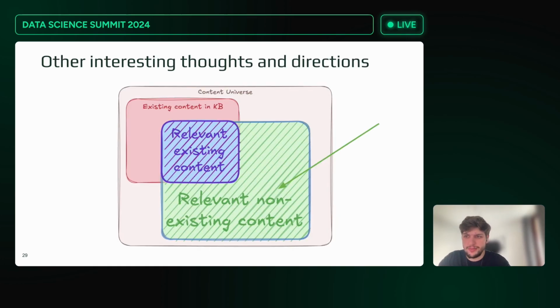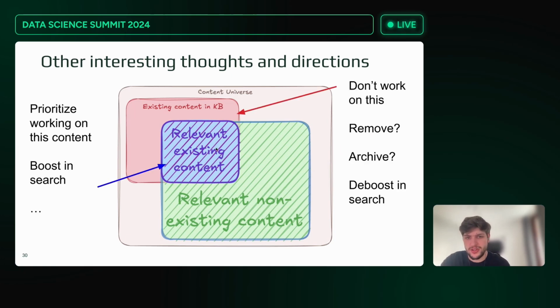So I want to leave you at the end with some additional interesting thoughts and directions that I didn't cover in the talk before we go into question and answers. What we covered is content gaps, which is relevant, non-existing content. With our approach, our pipeline, using this crossencoder and the pseudocode algorithm that I showed you, we're also able to determine what is relevant existing content.